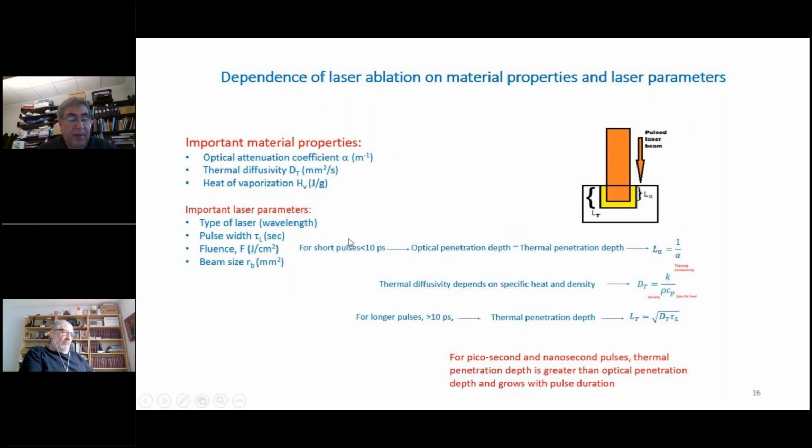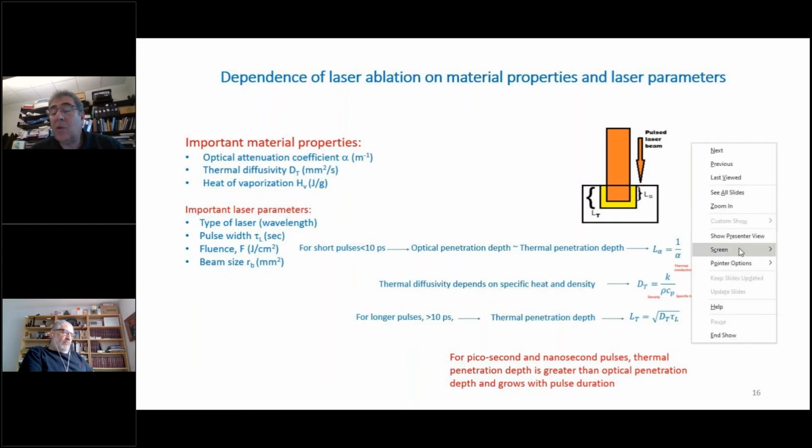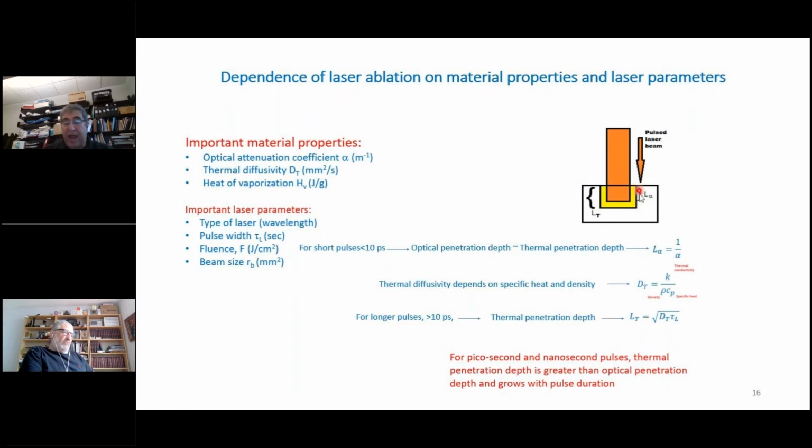So these are three important material properties. And for laser properties, the fluence is very important, in joules per centimeter squared, the pulse duration tau L, the wavelength, and the beam size. I want to bring your attention to this diagram on the right side. You can see that there's this orange beam falling on this surface, and it penetrates through the surface by a depth of L alpha.